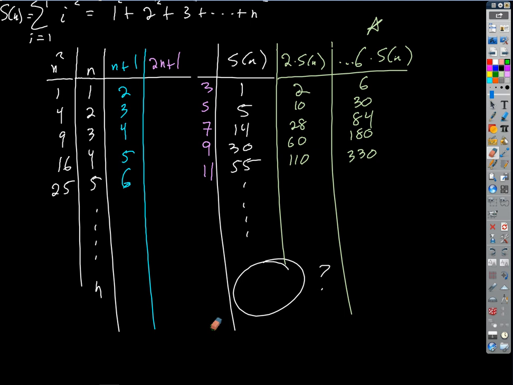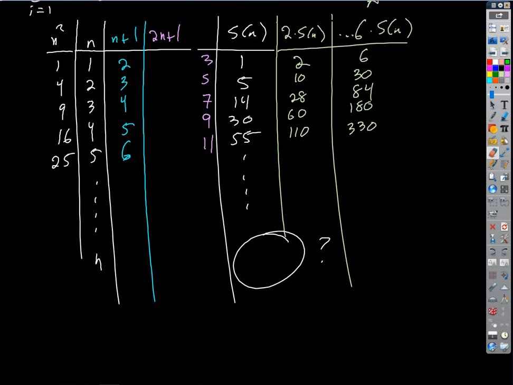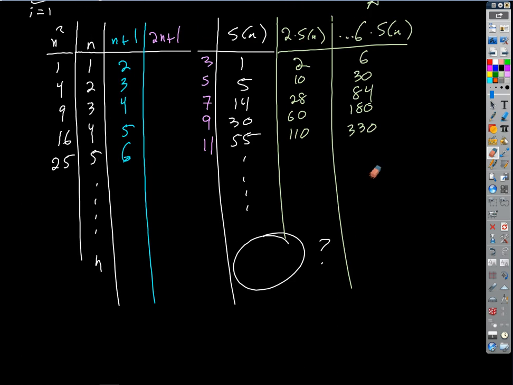Okay, so if n times n plus 1 times 2n plus 1 equals 6 times the actual sum, what's my formula? Well, we can do a little algebra with that. We've got n times n plus 1 times 2n plus 1 equals 6 times s of n. We're trying to solve for s of n. What do I do? Just divide by 6.